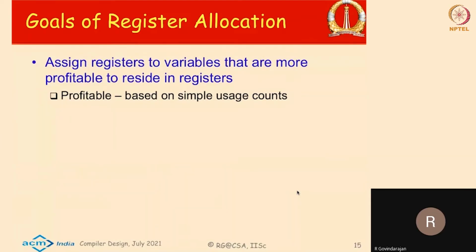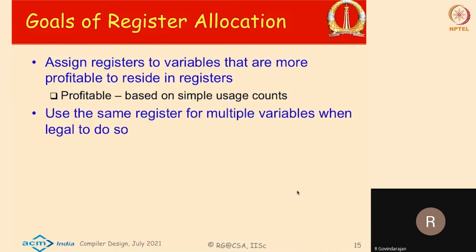And then we want to choose those variables which are more often used in your program, because if you assign registers to the most frequently used variables, then their accesses can become faster and therefore your program execution would become faster. So you essentially want to allocate registers to variables which are accessed more frequently. That is what is profitable, and that is essentially based on how often they are being used, or what is called the usage count.